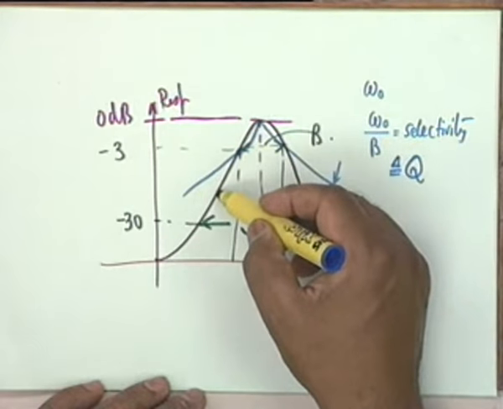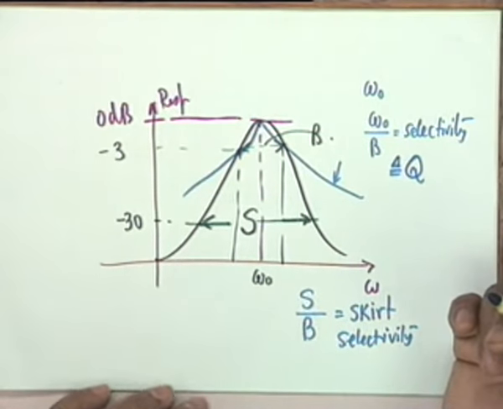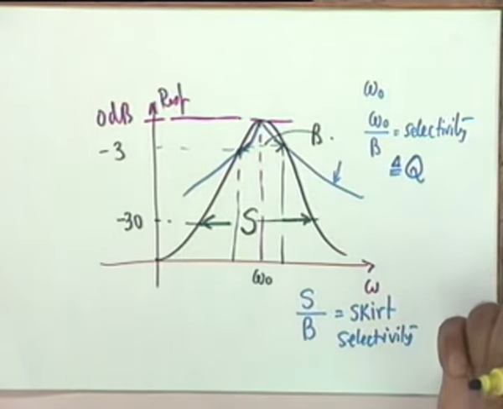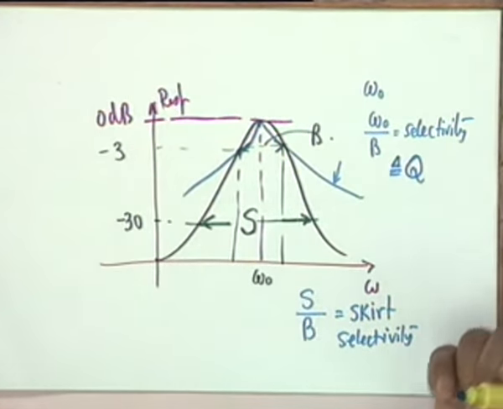Obviously this slope, have I made a mistake? Okay, S by B. Do you want S by B to be high or low? Low. So it's a misnomer, it should really be called skirt rejectivity. Isn't that right?